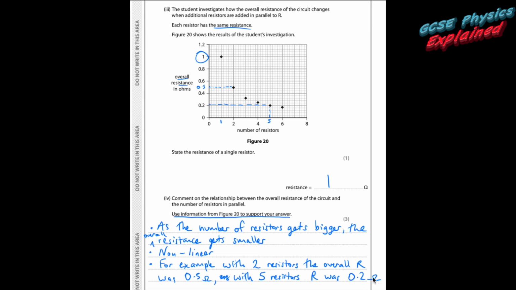So that just reinforces our first statement about as the number of resistors gets bigger, the overall resistance gets smaller. You could have just used any two relevant values from the graph. So just pick a couple of values where it's easy to see what the resistance was.